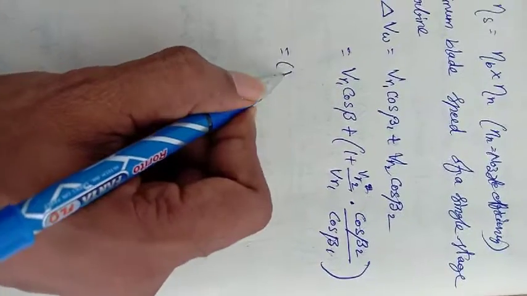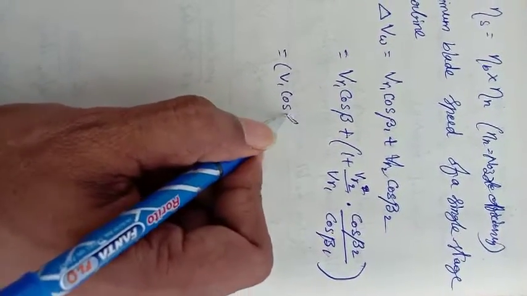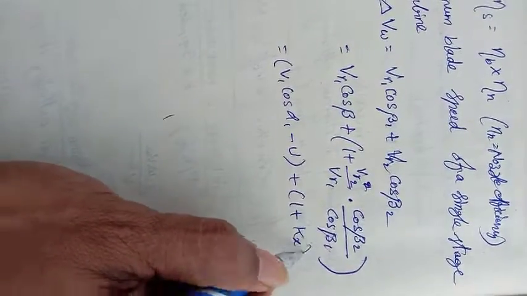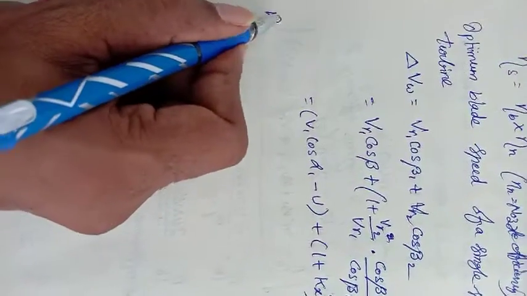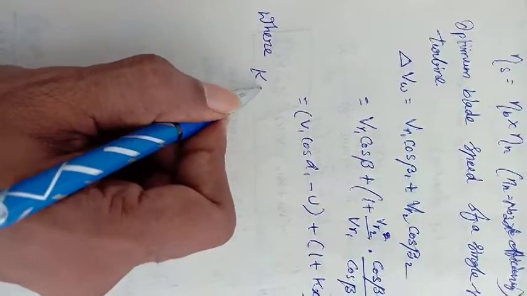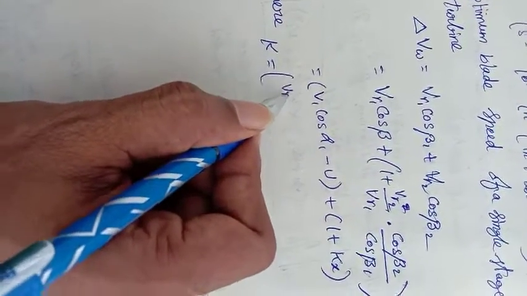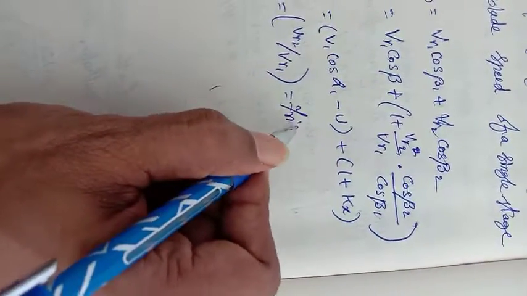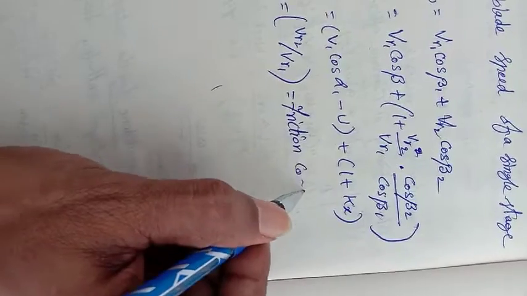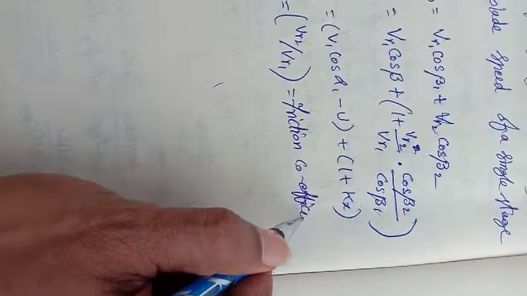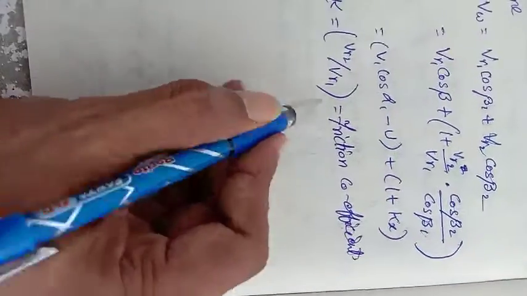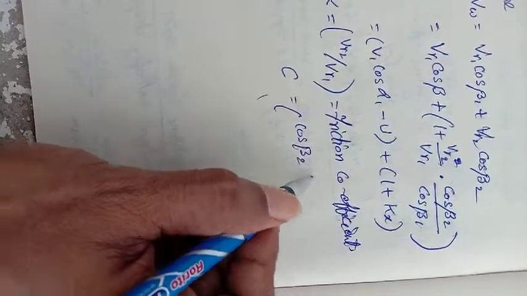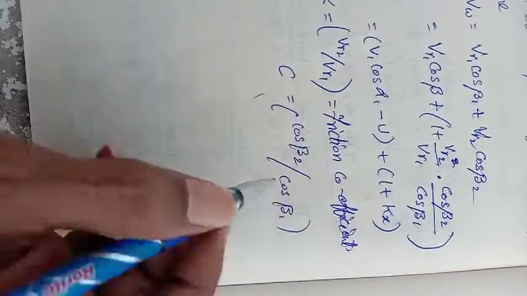Now you can solve this: V1 cos alpha 1 minus u into 1 plus kc. Now here we should know about k, where k is equal to Vr2 by Vr1, that is the friction coefficient. In problems we give the friction coefficient, we can use this equation. Okay, and now constant c is equal to cos beta 2 divided by cos beta 1.